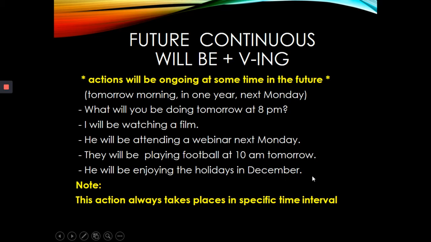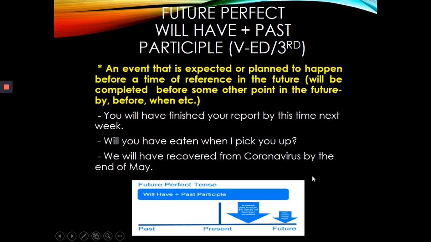Future perfect, you have here forming, will have plus past participle, and here is what is past participle. It's used for describing an event that is expected or planned to happen before a time of reference in the future.